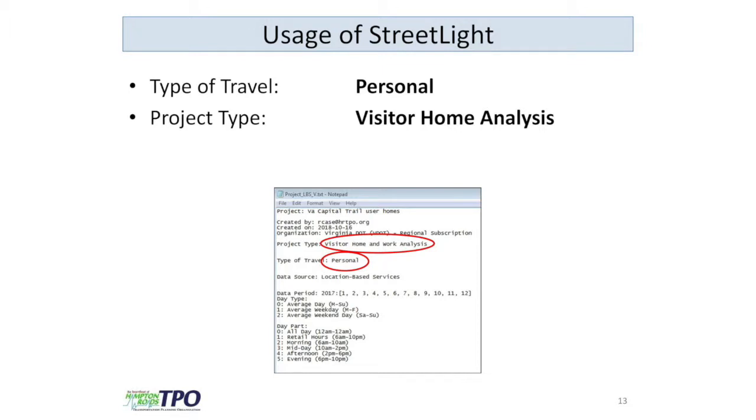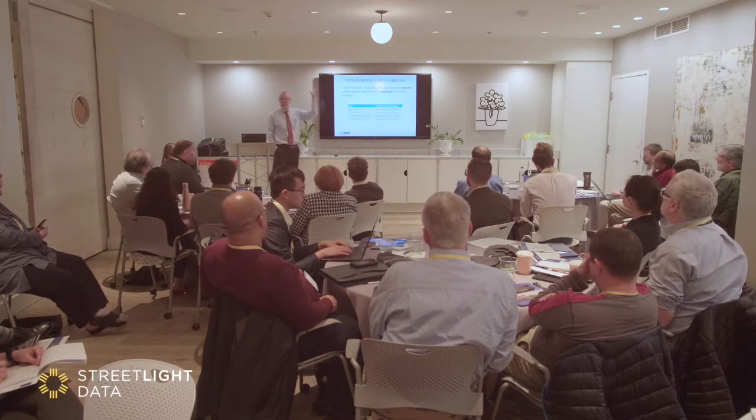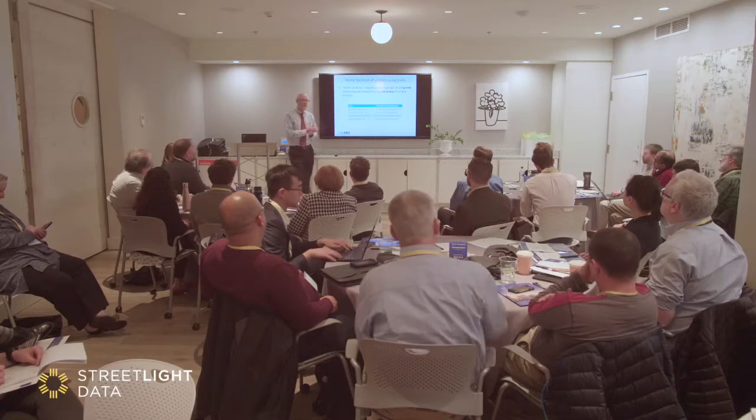And so I used personal travel, of course, and then the visitor home analysis. So there's the little text printout thing. And so home analysis, unlike what we looked at before, requires the end of a trip.